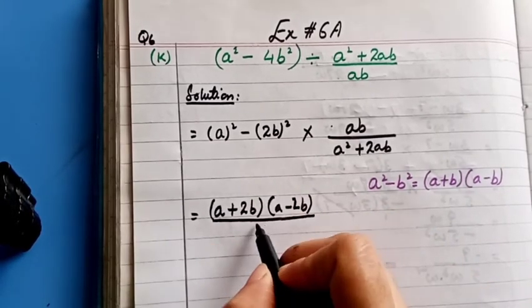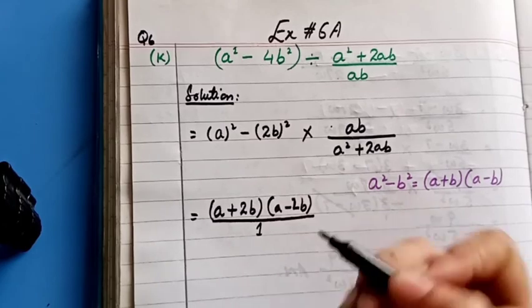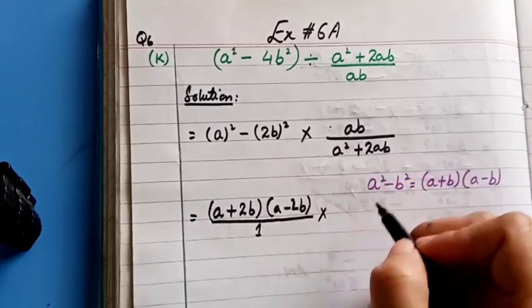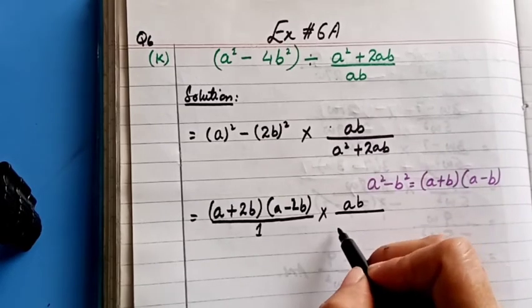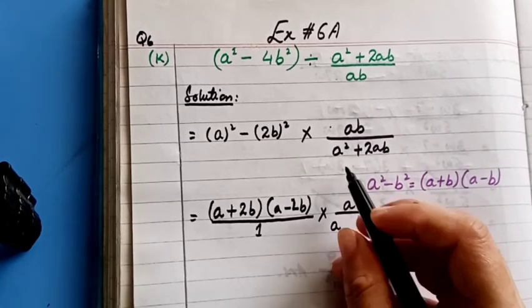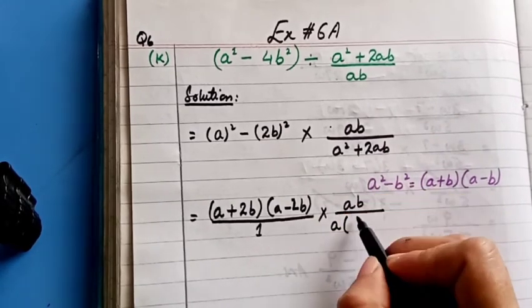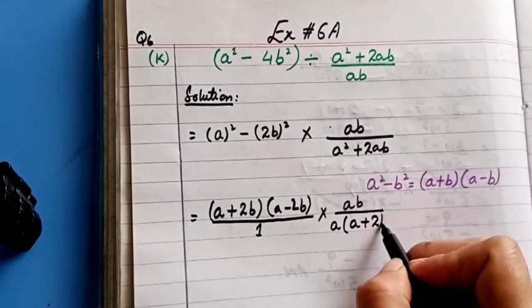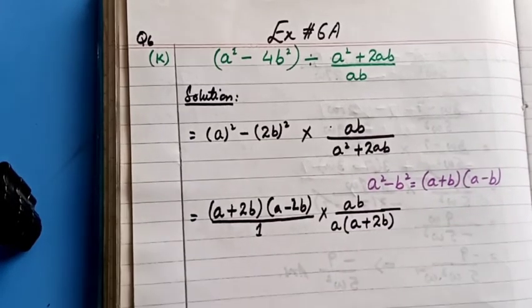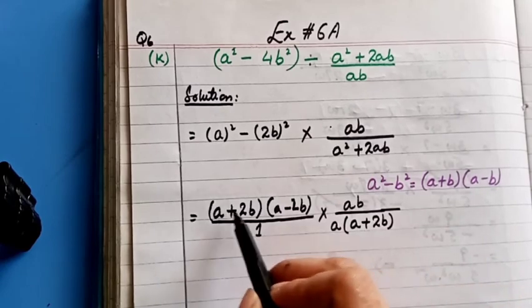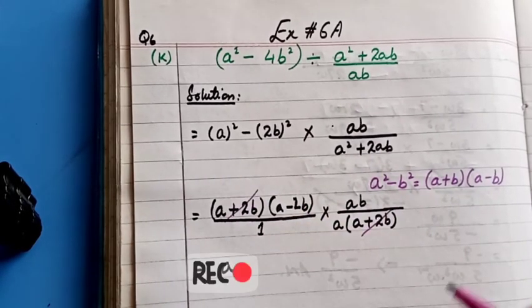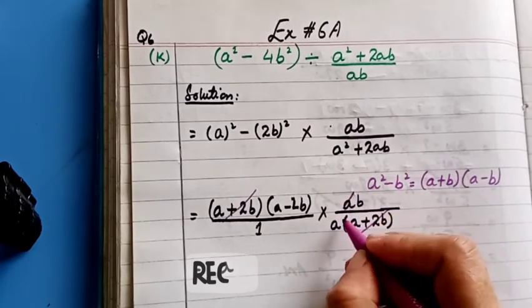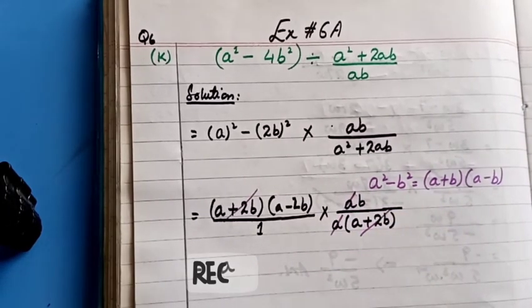We have nothing in the denominator, so we have to write 1 here, and here we have ab. We can take a as common, so we can write a plus 2b here. So now we can cancel these two brackets. We can further cancel this a from this a in the denominator.